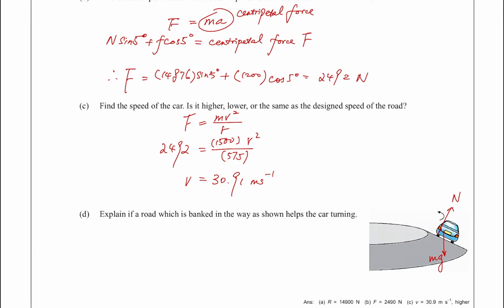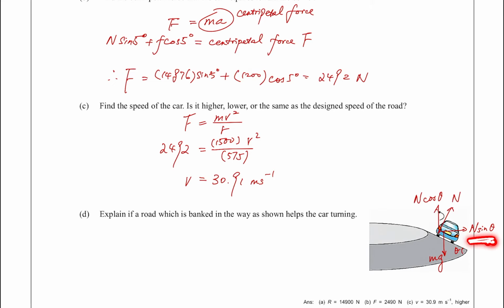Secondly, we would have a mg. Here, in this case, if we resolve the normal reaction into its horizontal component, so we would have N sine theta and N cosine theta, provided that the banking angle is theta.